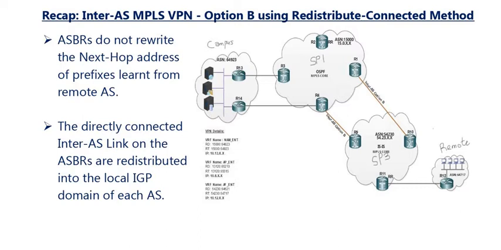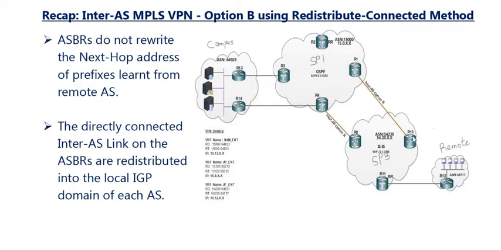Now, on the redistribute connected method, you will recall from the previous lesson that the ASBRs do not rewrite the next hop address of prefixes that are learned from the remote AS. In other words, R1 and R4, being the ASBRs of service provider 1, will not rewrite the next hop address of the prefixes learned from service provider 3, from R10 and R11 respectively, with their own IP addresses.